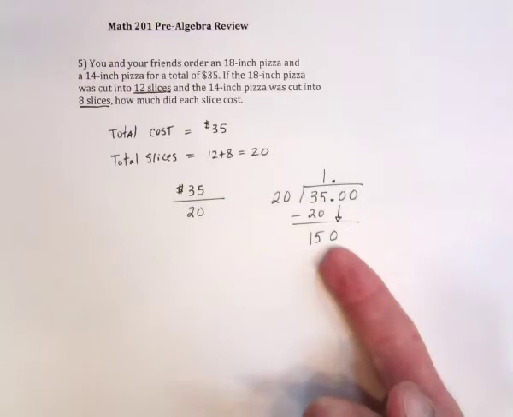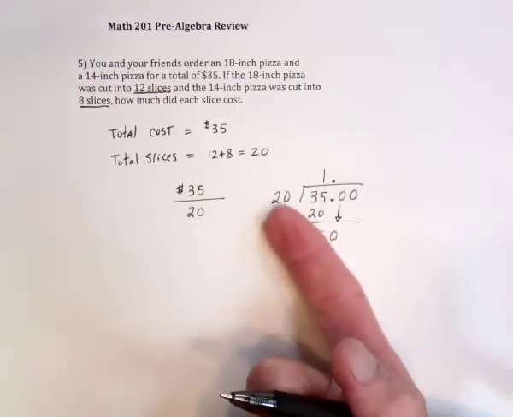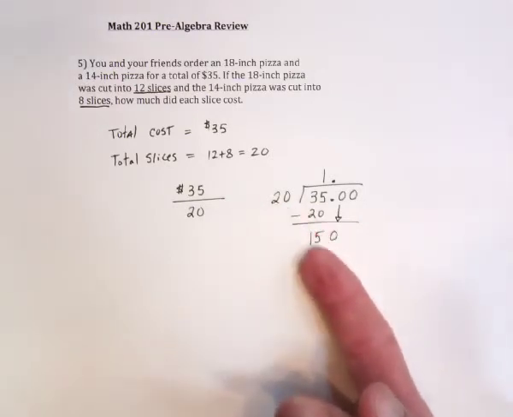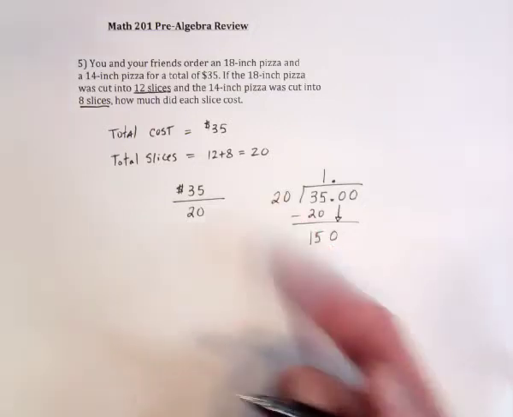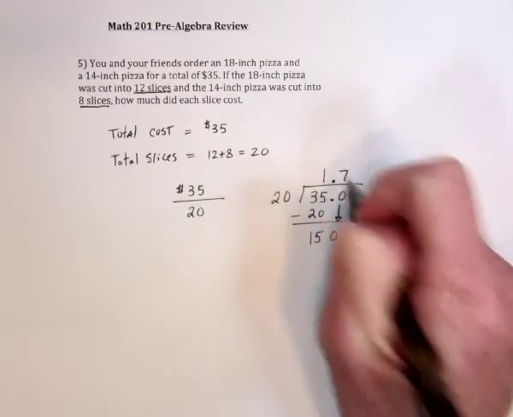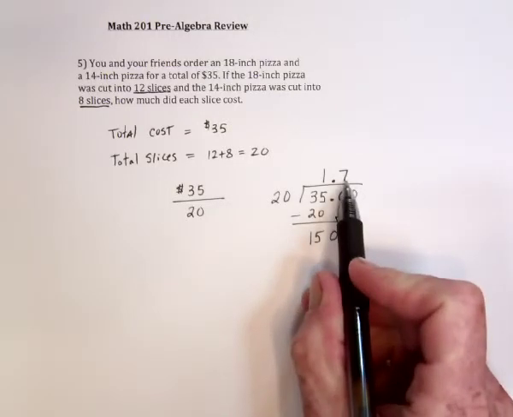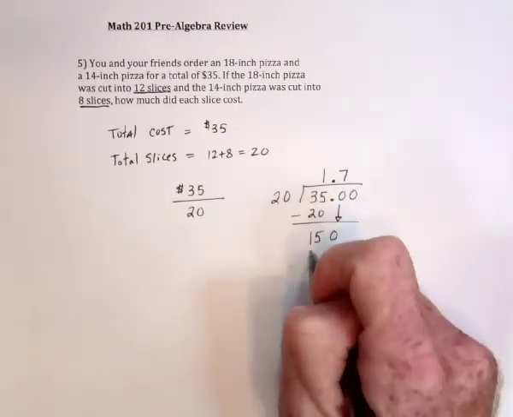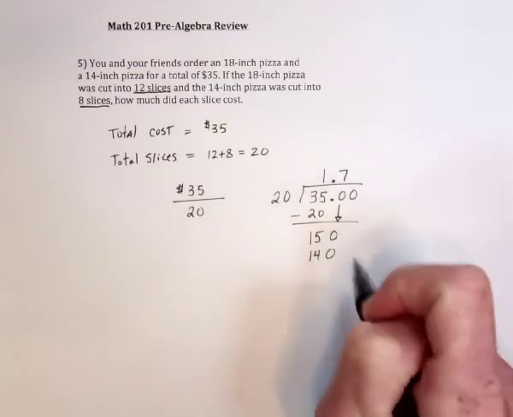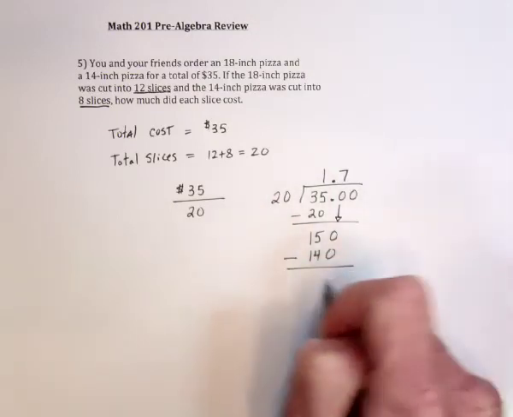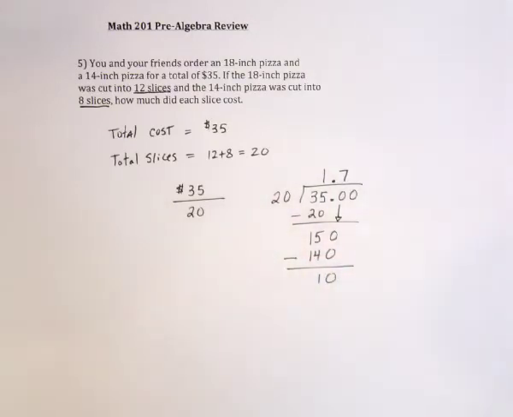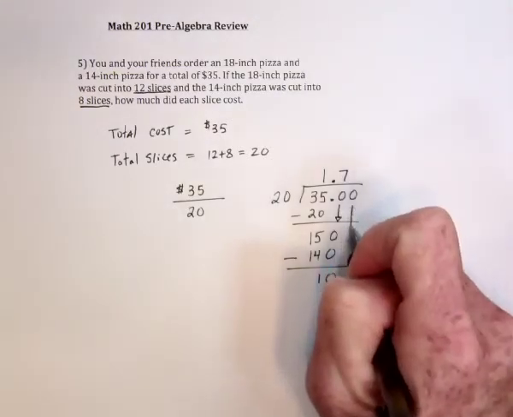Well, let's see. If it was times an 8, that would start with a 16. That's too big. So if I put a 7, then that would make 140. And then subtract, it leaves behind 10. To get that last decimal place, you then have to carry down this 0.